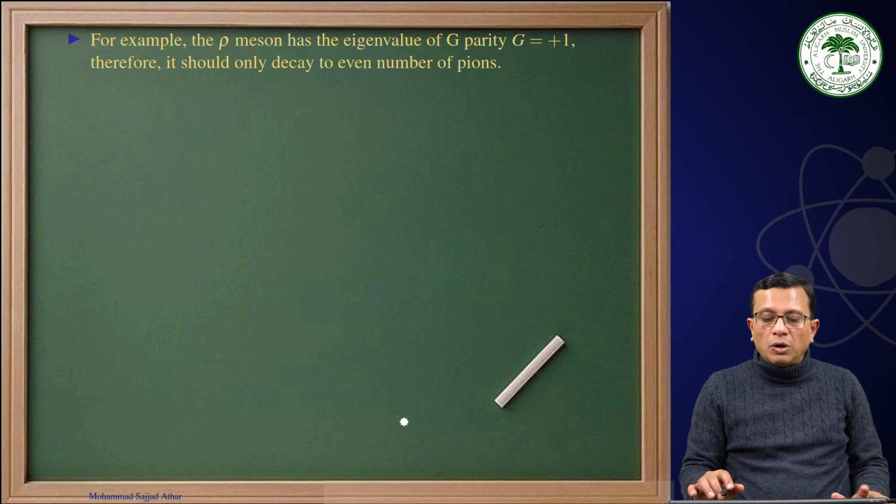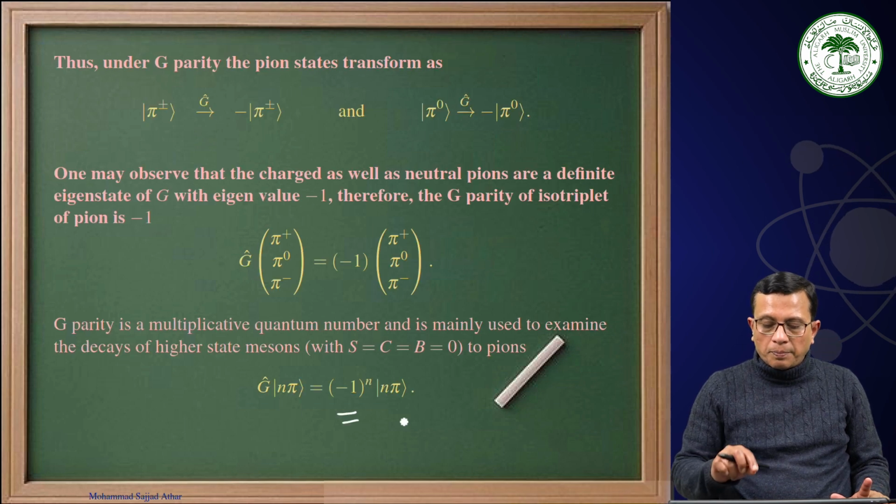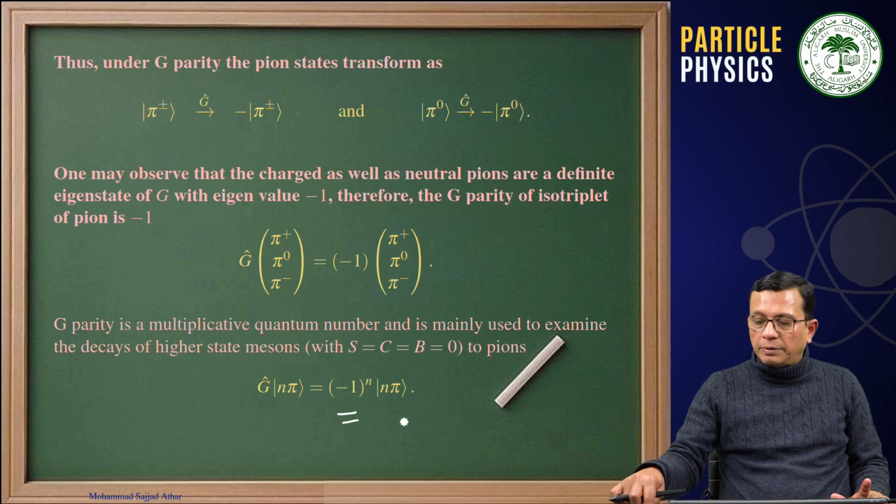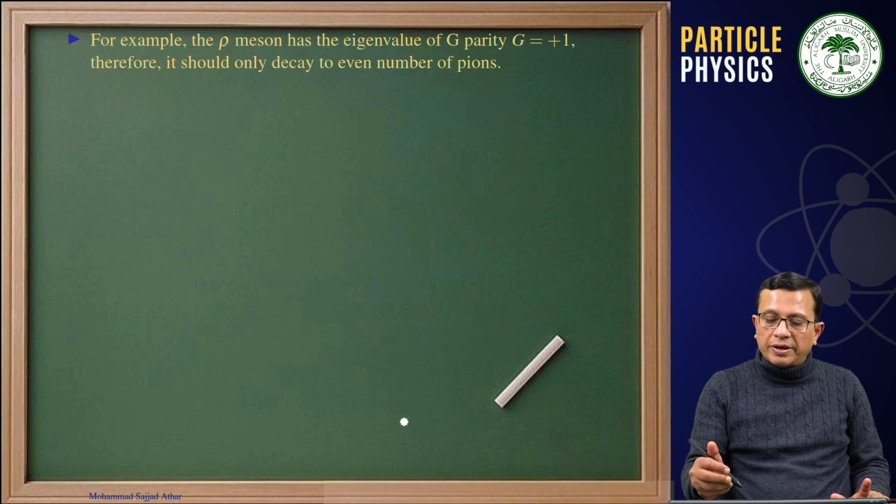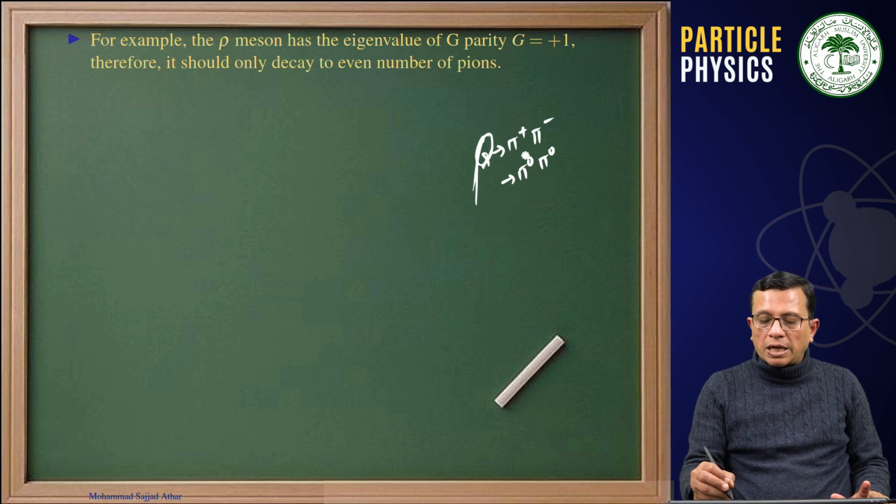Therefore, it should only decay to an even number of pions. As you can notice, 2 pions means the eigenvalue will be plus 1. G is even, therefore rho should decay into 2 pions, either pi plus pi minus or pi 0 pi 0.